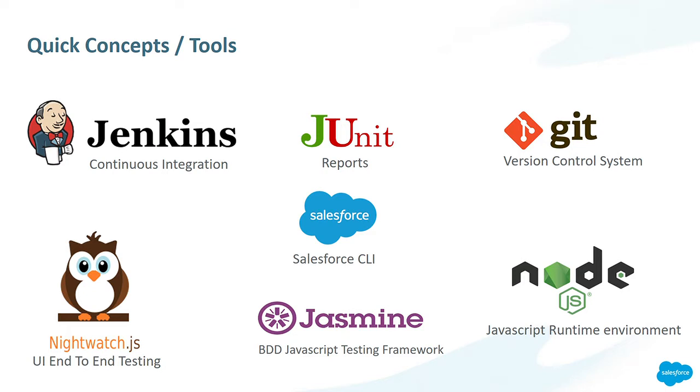Node.js, we have Node.js here because we can create plugins for our Salesforce CLI. That little body in the corner is Nightwatch. I'm not talking about Game of Thrones. I'm talking about the UI end-to-end testing framework. And of course, in the center, Salesforce CLI. Okay?